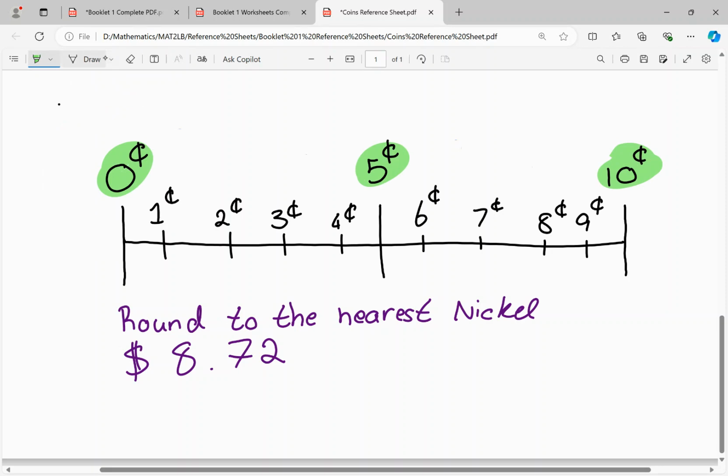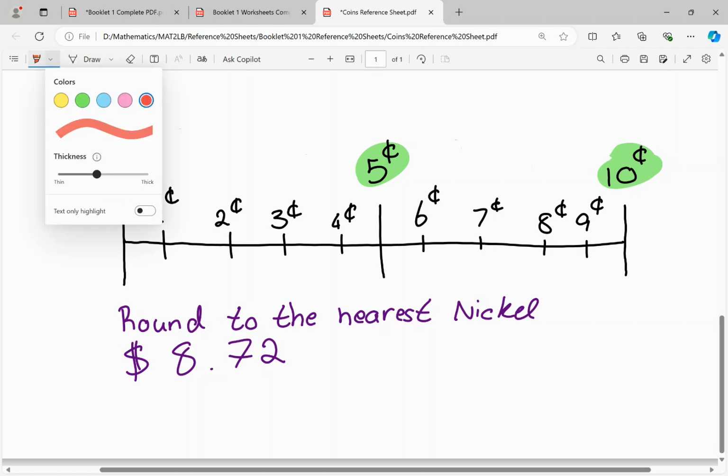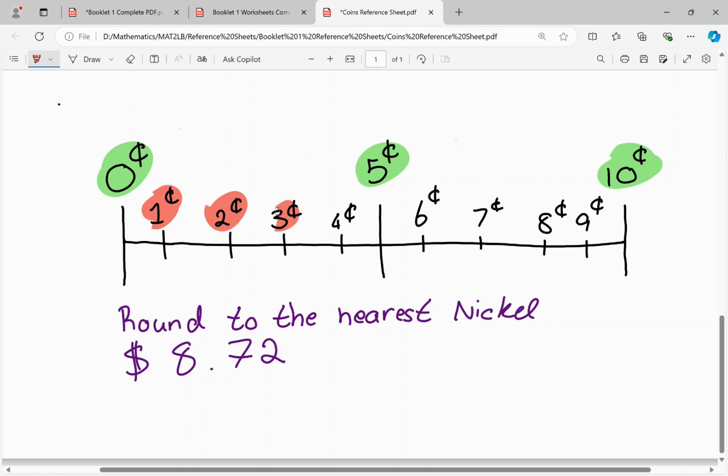However, everything that's in between is bad money. 2 cents, 1 cent, 3 cents, and 4 cents, I need to use that many pennies to make them. Even 6 cents, I could use a nickel, but I would need a penny on top of that nickel in order to make 6 cents.